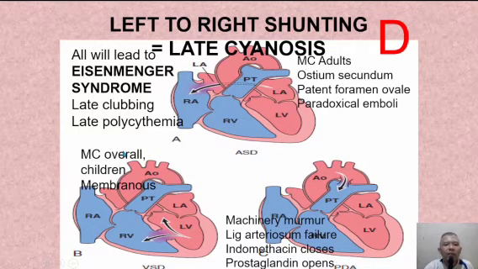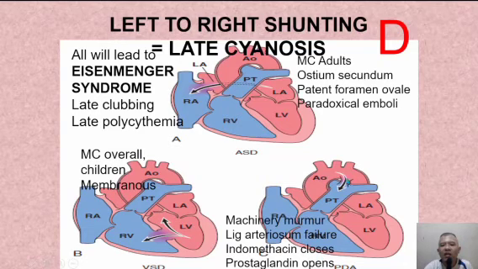VSD is most common among children, and the most common type is membranous. PDA, patent ductus arteriosus, presents with a machinery murmur. You have failure of the closure of the ligamentum arteriosum, thereby it's called patent ductus arteriosus.